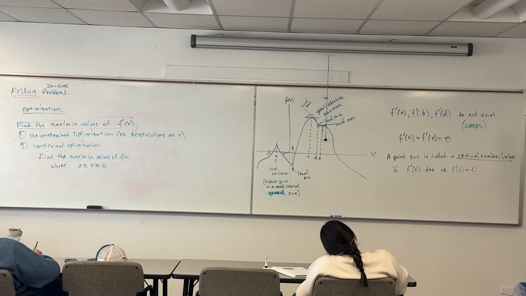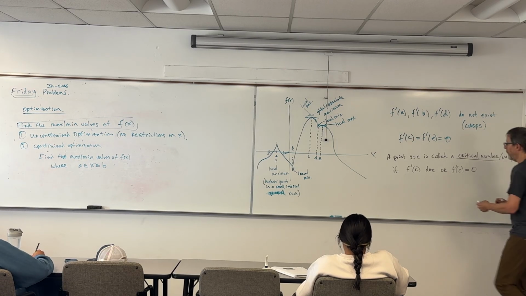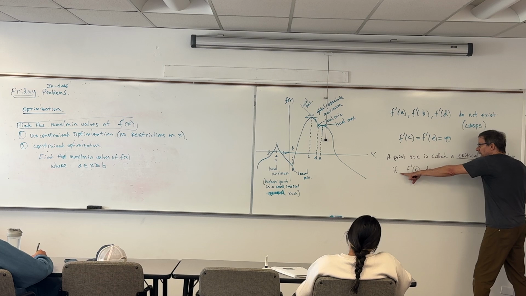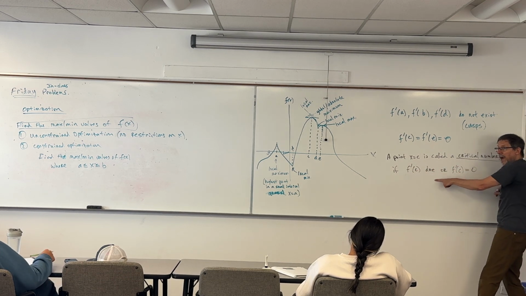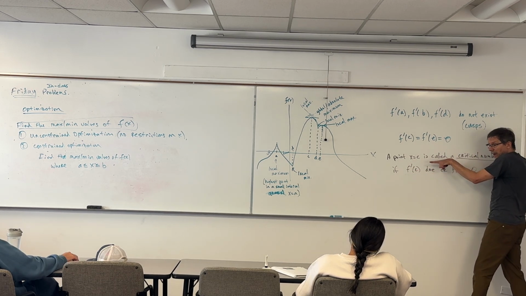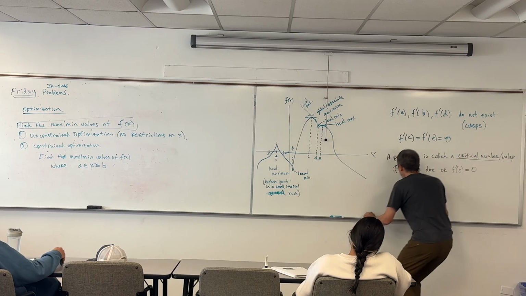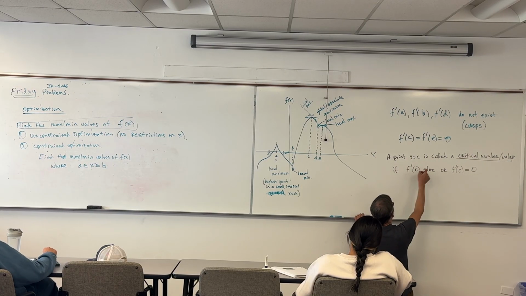I want to point something out with a picture: just because these things are happening does not mean it's a max or a min. So we have to be careful. I wanted you to pay attention to this flow here.